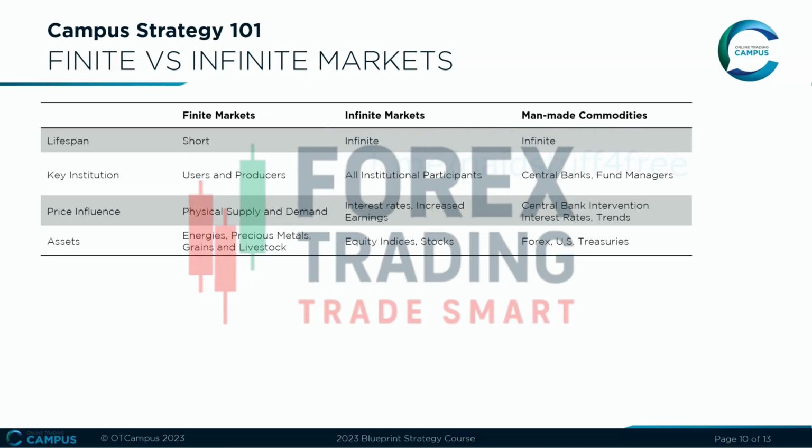What's important here is for you not to memorize the markets all one by one, but really to memorize why a market is part of the finite category. Because you could add rice, you could add orange juice, you could add lumber, right? And the list would go on, and I couldn't make as long of a list here.